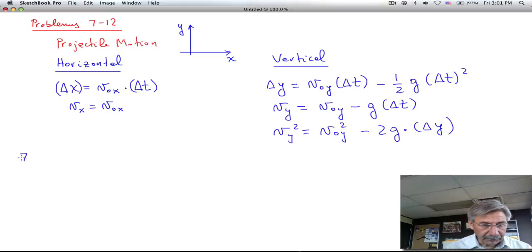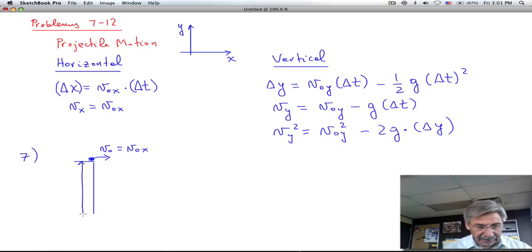So going to problem number 7, it is a problem of a baseball that is thrown horizontally from a given height. We did this problem in lecture. It's thrown horizontally with a certain speed, so the initial speed is just in the horizontal component, and it has a height h. What you want to calculate is where the ball is after a certain time.